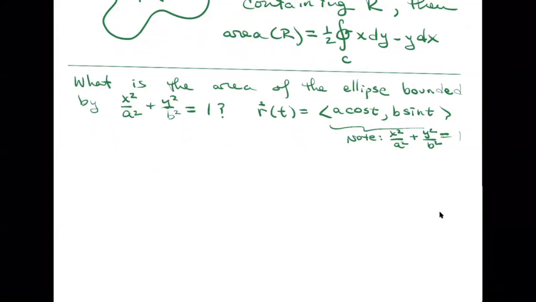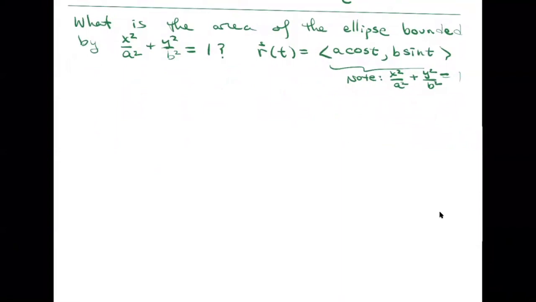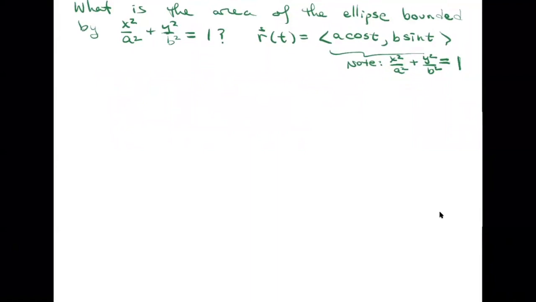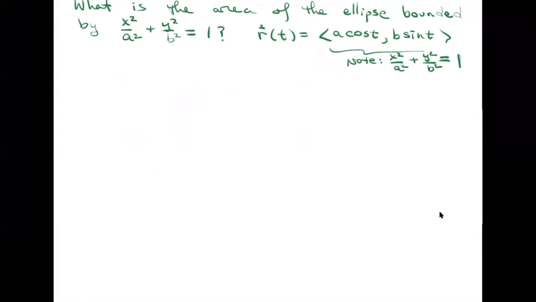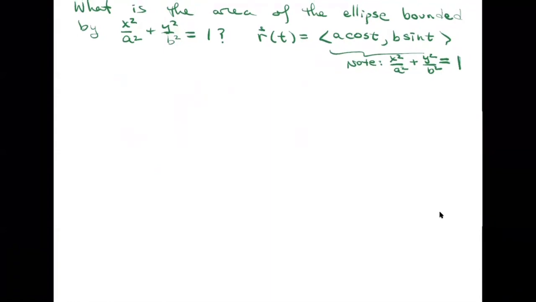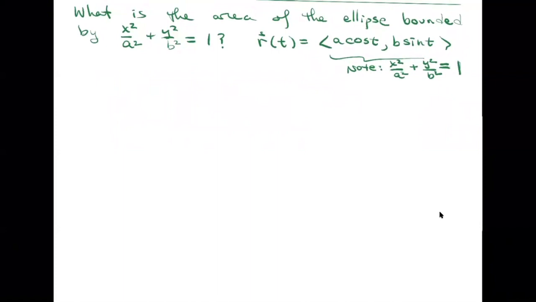Any questions? Gosh, I'm having trouble with my stylus. I think we can pull this off. So when we say x, we mean a cos t. And when we say y, we mean b sine t. Just keep that in mind.